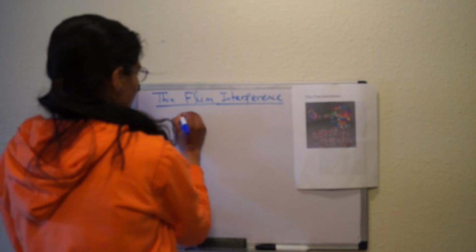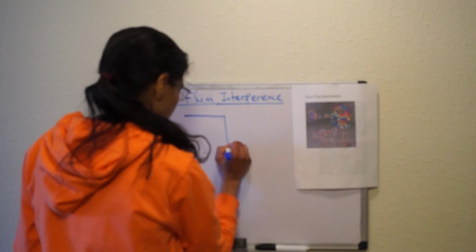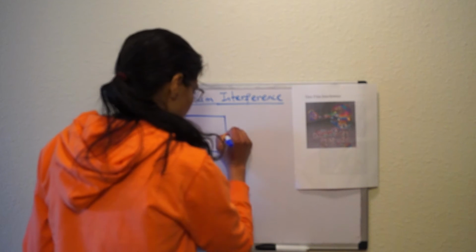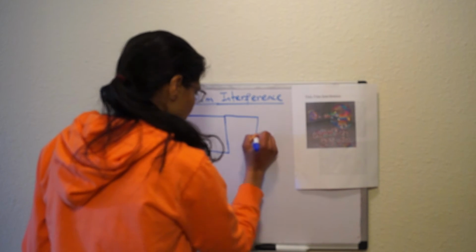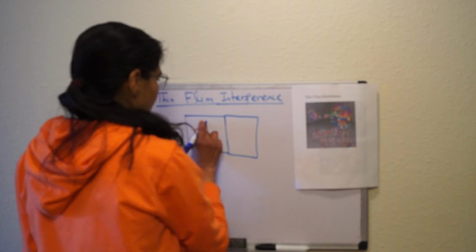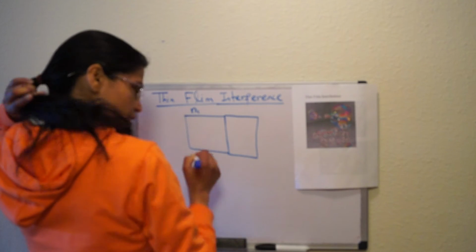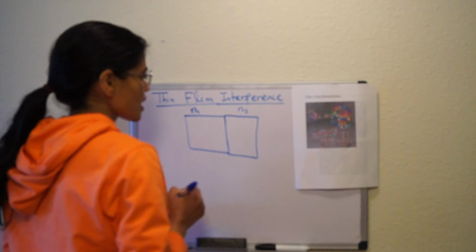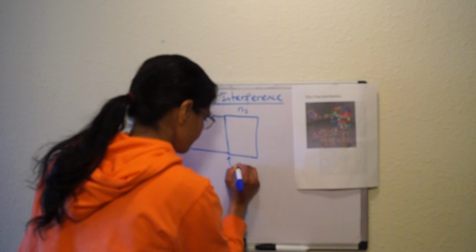Let us say I'm going to make two different things here. So let us see, this is one. Let's say we have a boundary here, some boundary. What that means is this material has a different refractive index. Let's say it has a refractive index, or index of refraction, n1. This material has a refractive index n2, and this is a boundary.